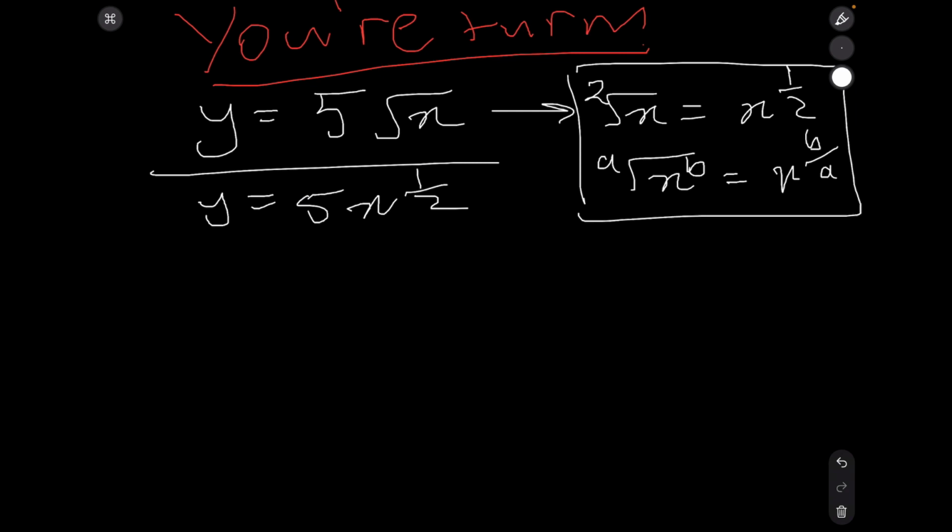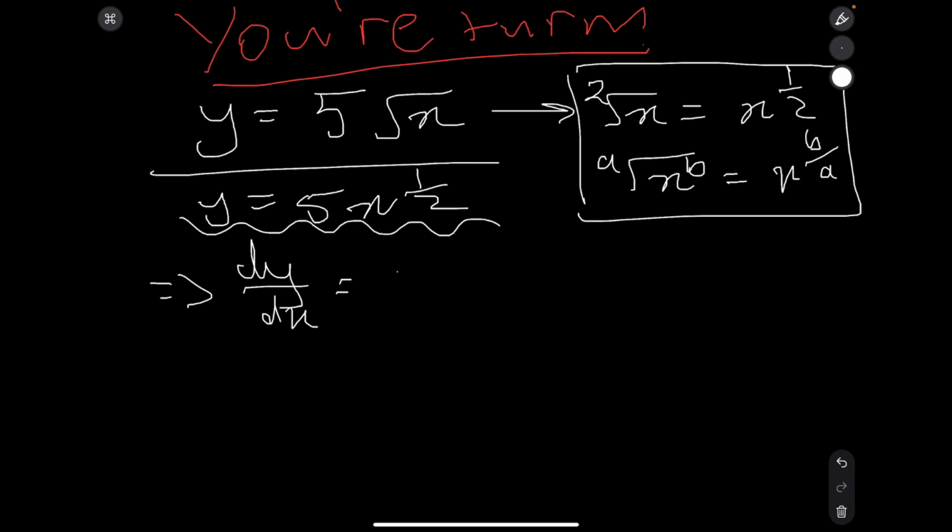So we have this equation, and we can rewrite the derivative dy dx equals 5 times 1/2 x to the 1/2 take 1.